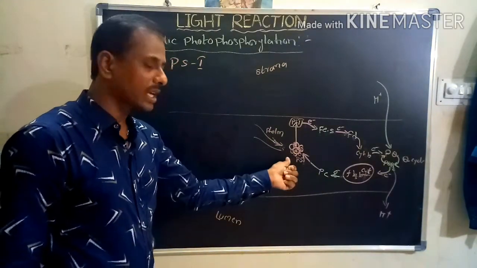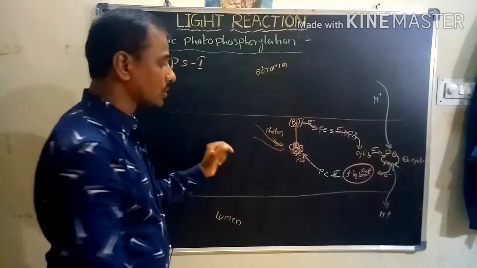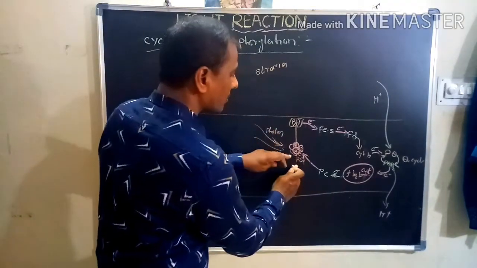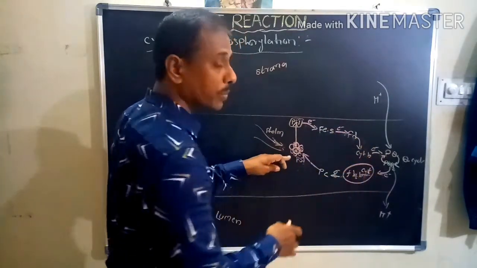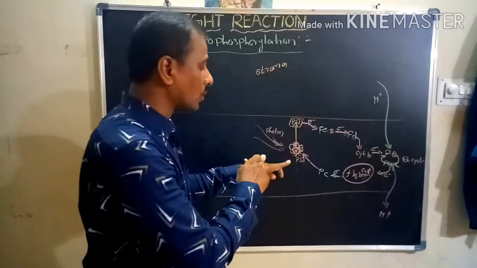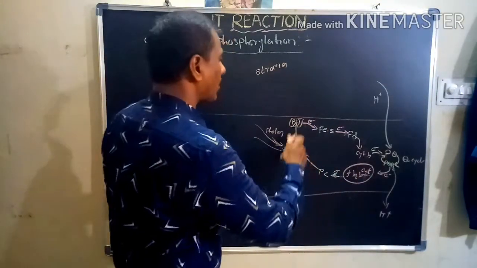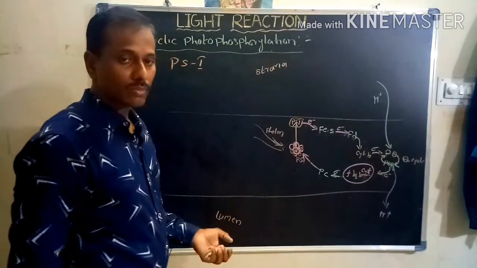It is transported to the same system from where the electron was released. So the electron released from PS1 is transported through different electron transporters and finally reaches the same photosystem. So it is called cyclic photophosphorylation.